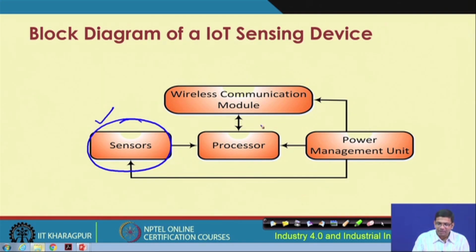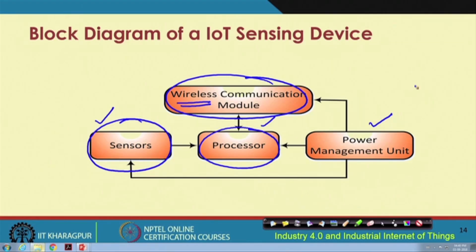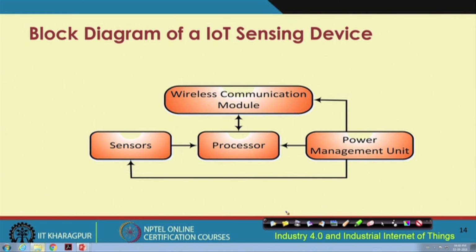Then we have the other components, the processor and the power management unit like battery or whatever. The processor will do a little bit of processing, and for communication typically it is the wireless communication module, but it is not necessary that it has to be wireless. Typically it is wireless in IoT, but it can be wired as well, or a mix of both wired and wireless communication. So, this is the typical structure, or the block diagram, of an IoT sensing device.